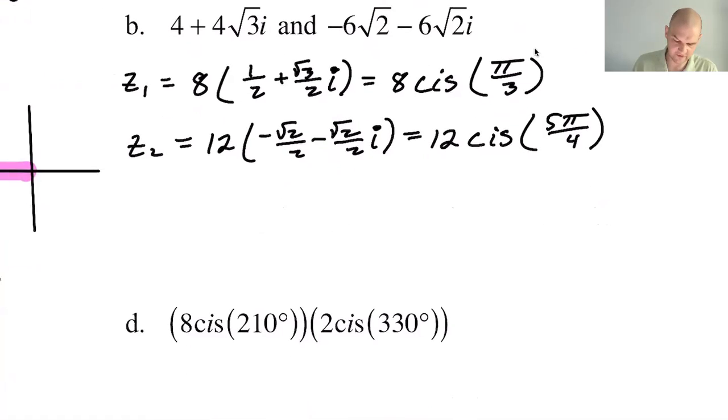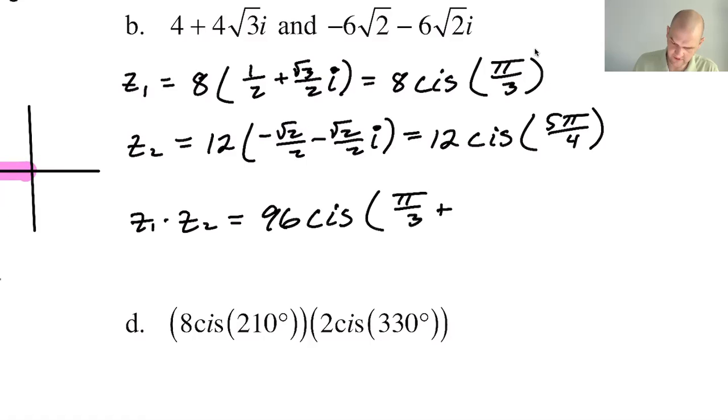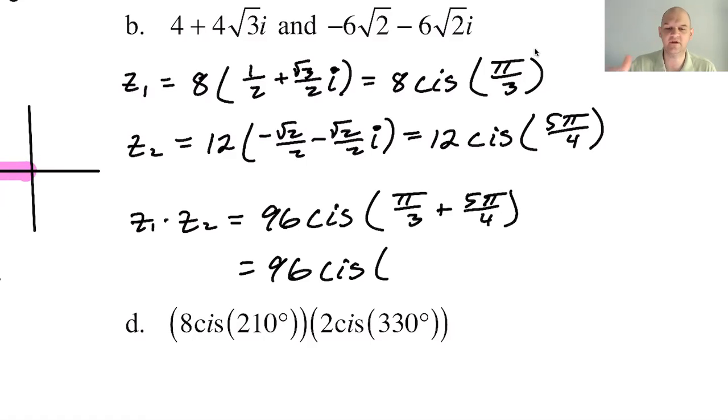Okay, so now I want to multiply these. So Z1 times Z2 is going to be 8 times 12, which is 96, and then cis pi over 3 plus 5 pi over 4. If I needed the exact value, I'm going to find an exact value, but it's going to be in polar form.